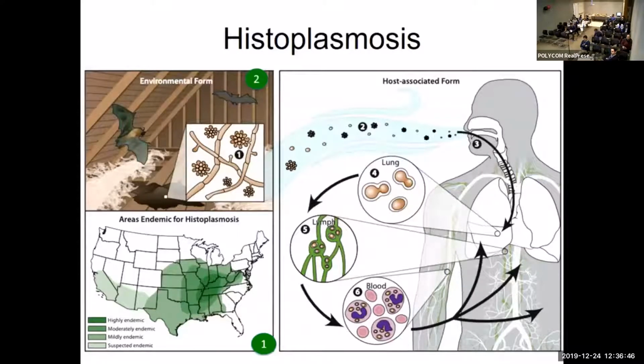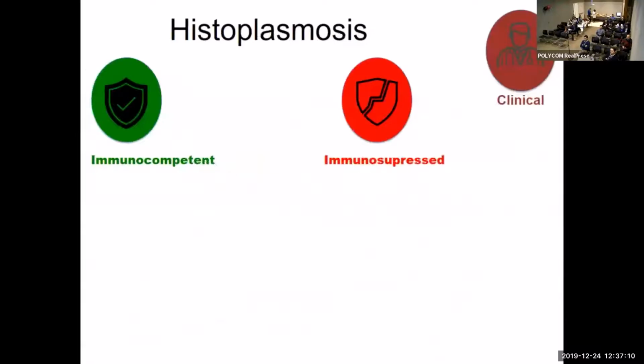You inhale the spores, they go to the macrophages in the lungs, and after that they disseminate to all the reticuloendothelial system. So that's the reason why you have lymph node, skin, and bowel disease when you have disseminated disease. So regarding the clinical part, we can divide the disease that histoplasma produces into immunocompetent and immunosuppressed host.